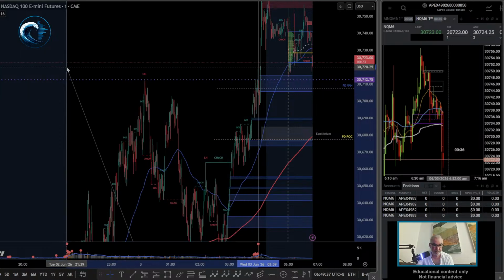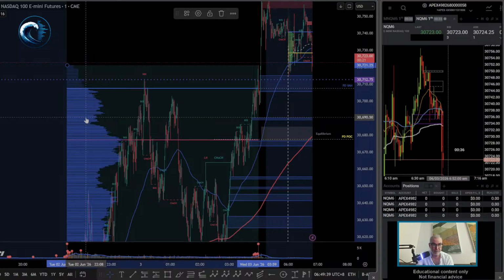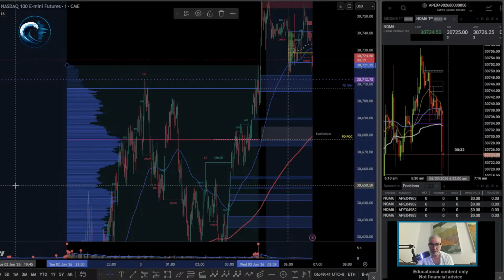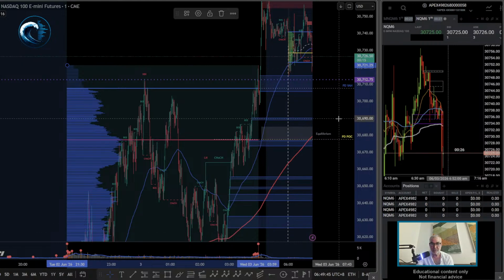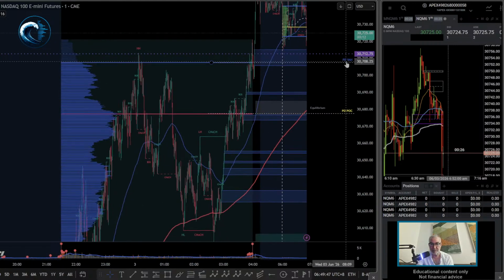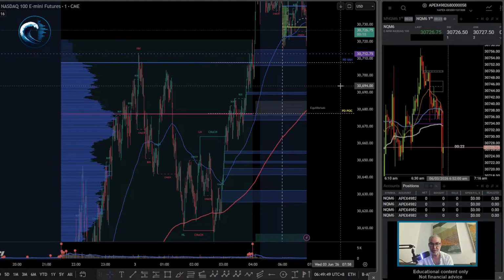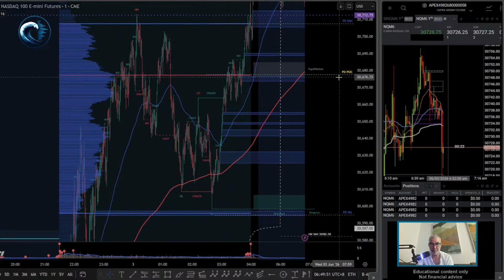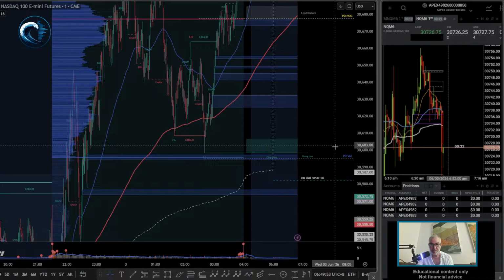It should be 21:30 till 4 o'clock. So that's the previous day. Let me just double check my previous day value high, previous day POC, previous day value low is there.